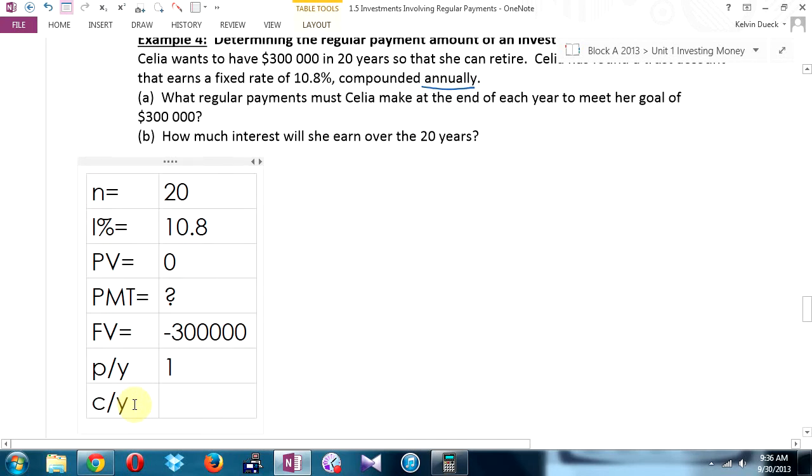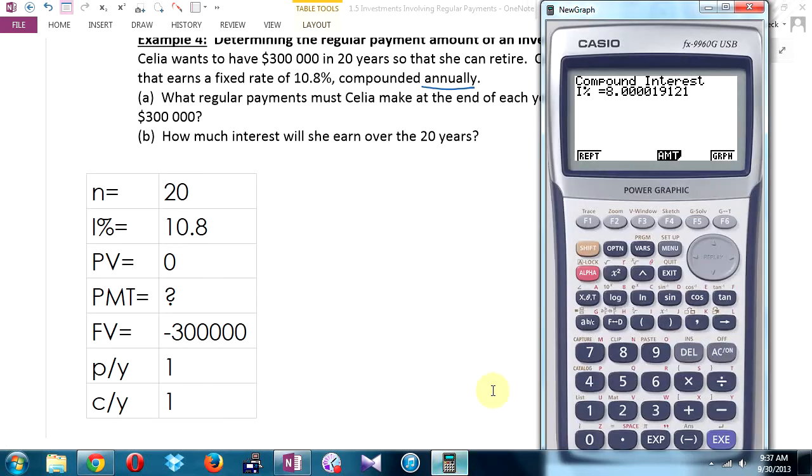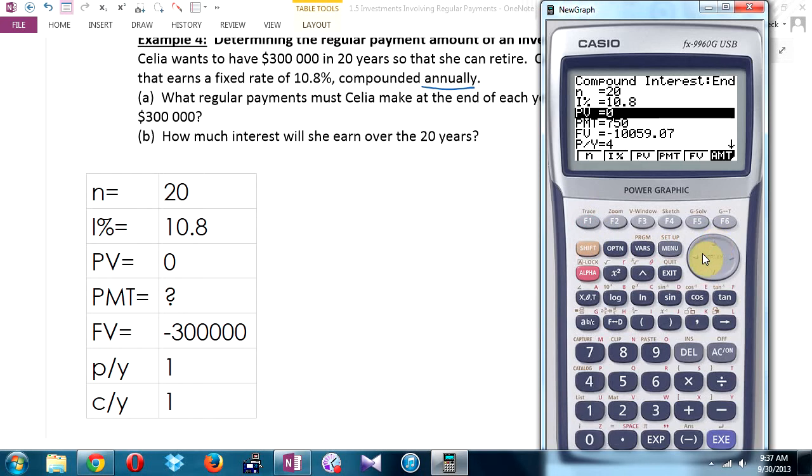Compound periods per year. 1. Okay. Repeat. N is 20, 10.8. Present value 0. Payment, I don't know, I'll put a temporary 0 there. Negative 300,000. Payments per year 1.